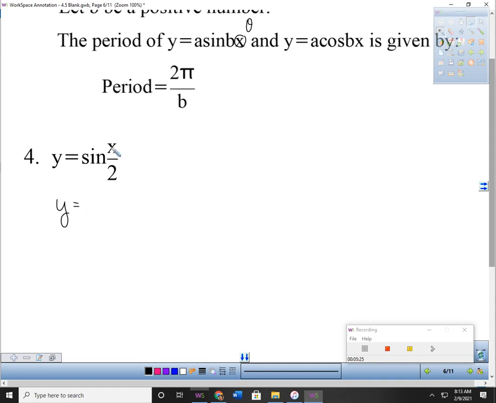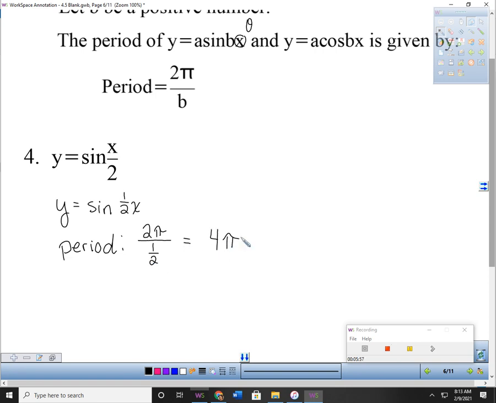Instead of saying I'm dividing x by 2, I can also say that I'm just multiplying it by 1/2, right? So when I think about the period, I'm going to take my 2 pi and divide it by whatever I'm multiplying by the x right here. So I'm going to divide it by 1/2.